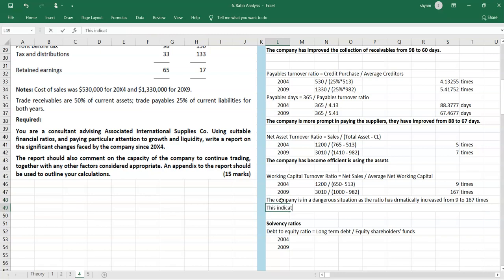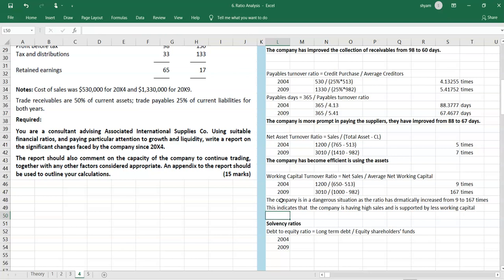This indicates that the company is having high sales and is supported by less working capital.